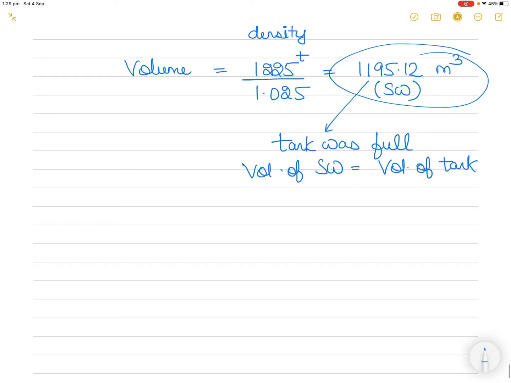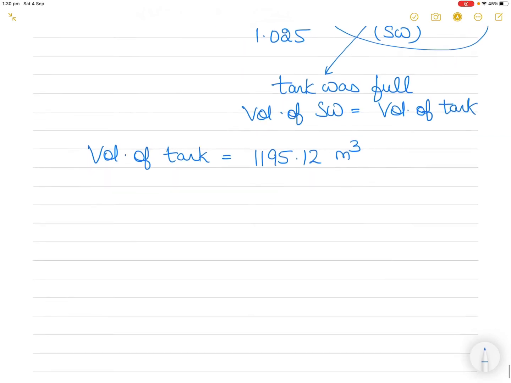So the volume of the tank is also equal to 1195.12 metric cube. Now why did I find the volume of the tank?